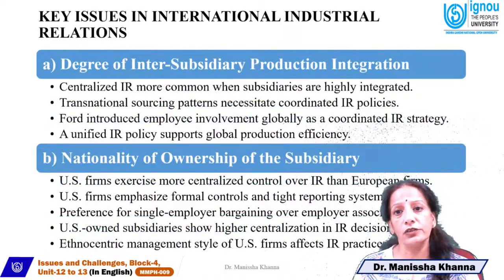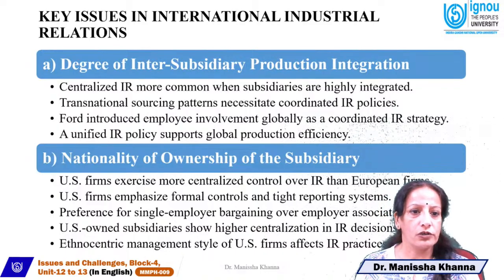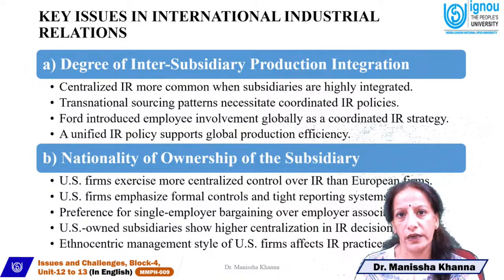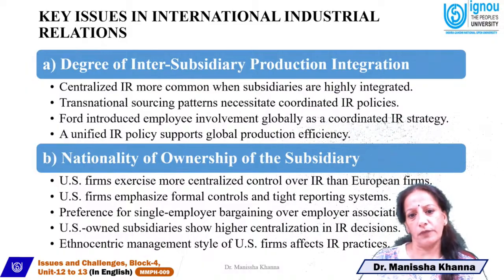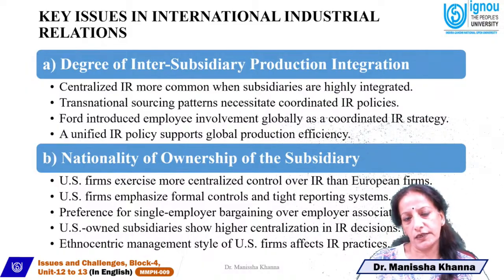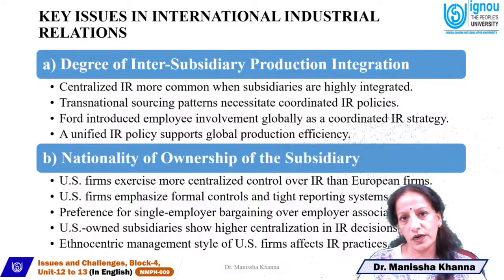So there are certain key issues in international industrial relations. First is the degree of inter-subsidiary production integration. Central IR is more common when subsidiaries are highly integrated. There are transnational sourcing patterns which necessitate coordinated IR policies. For example, Ford introduced employee involvement globally as a coordinated IR strategy.